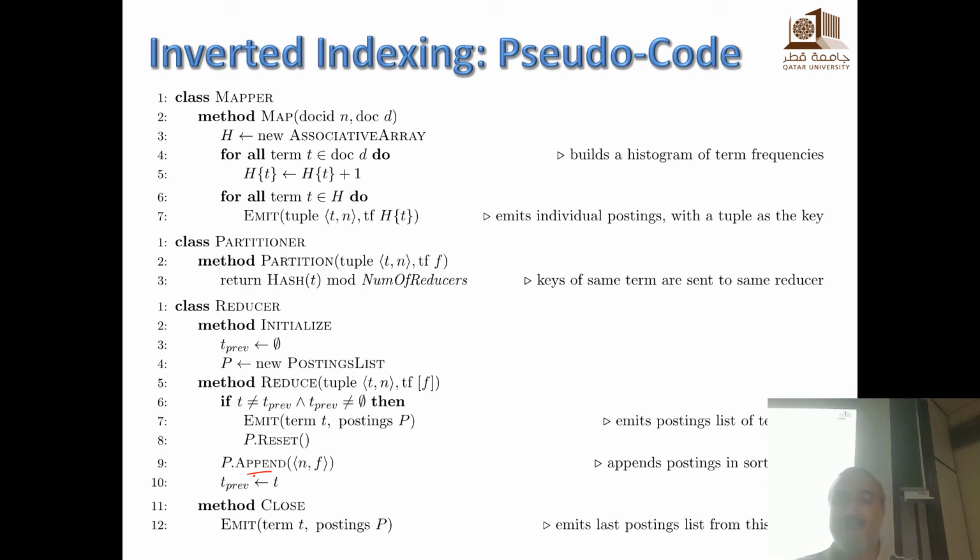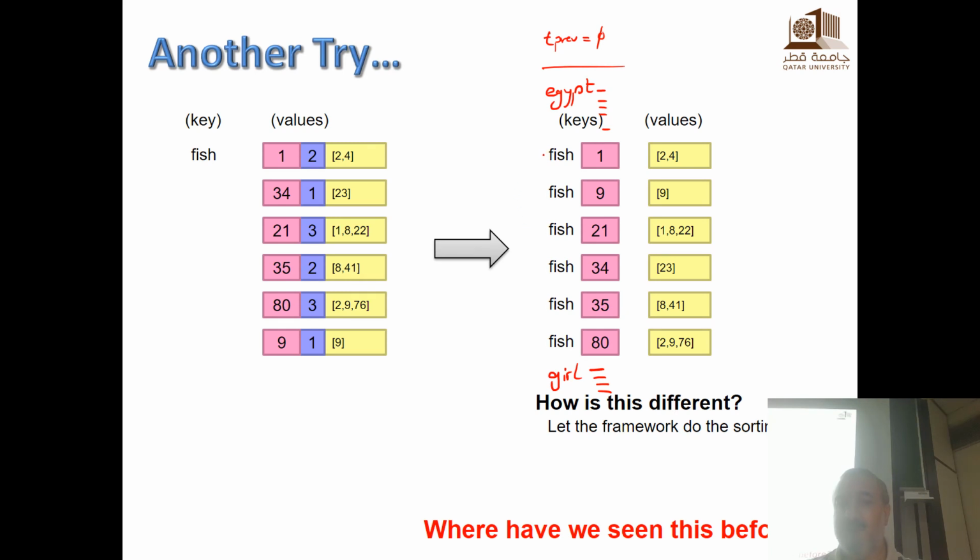Okay, so we'll keep appending to the current list until we have a new term, which in this case will be fish. So we'll keep adding for Egypt. Once we get fish, now we know that the posting list for Egypt is ready, because we will not get any more keys with Egypt. Okay, is that clear?